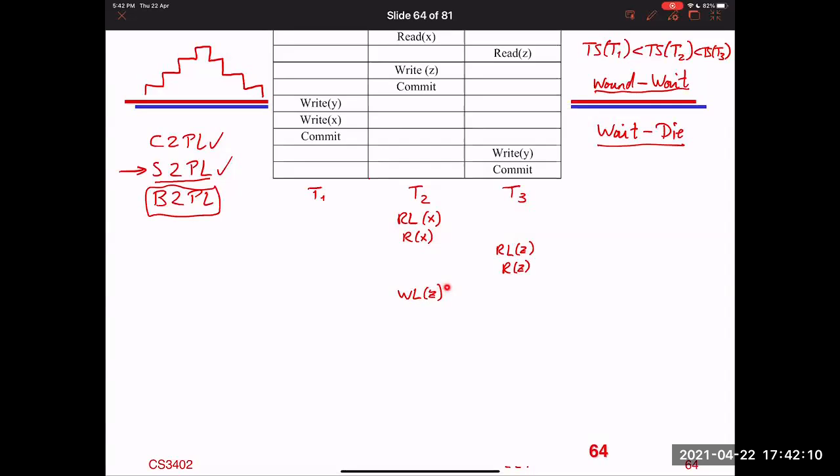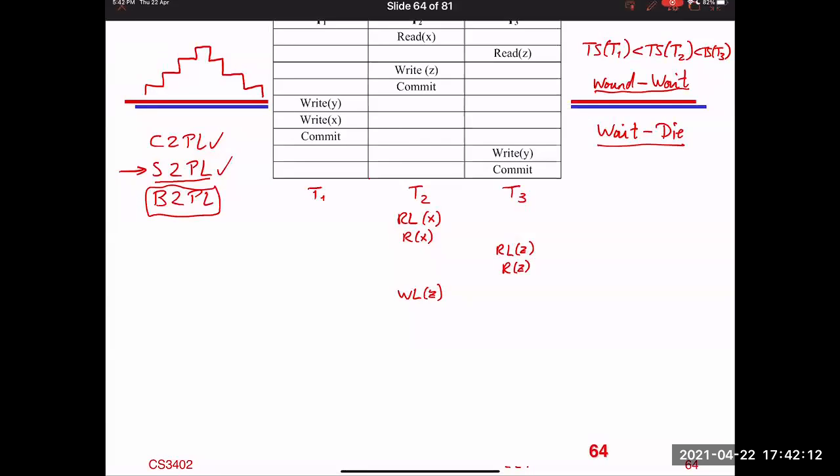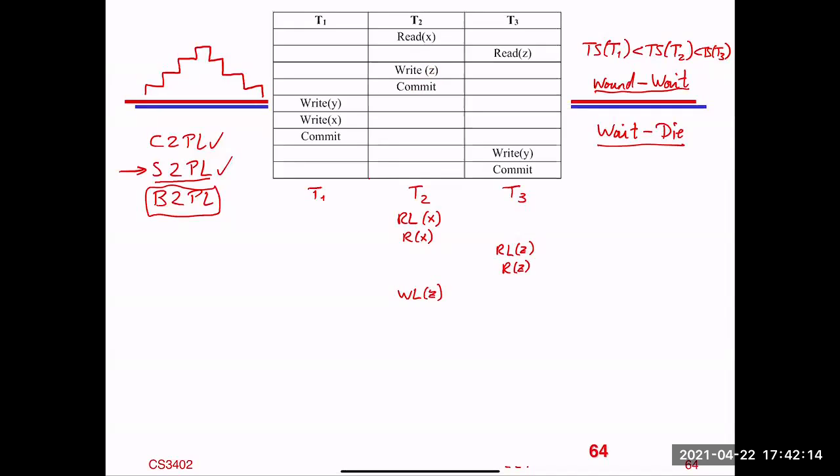In this case, when we try to acquire this write lock for writing Z, since T2 is older than T3, it will wait, right? So it's just blocked, and it also can't commit, obviously. So next in turn is T1.